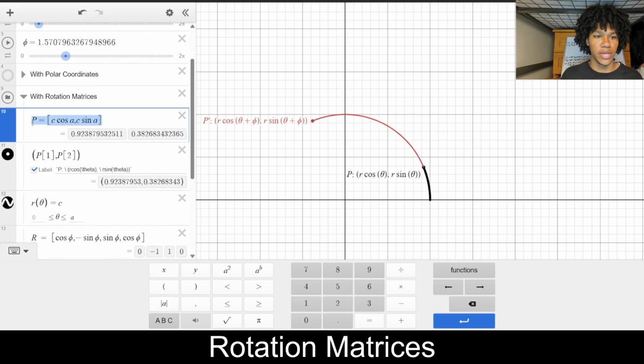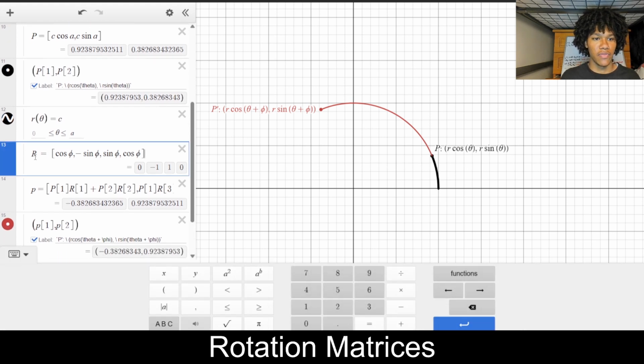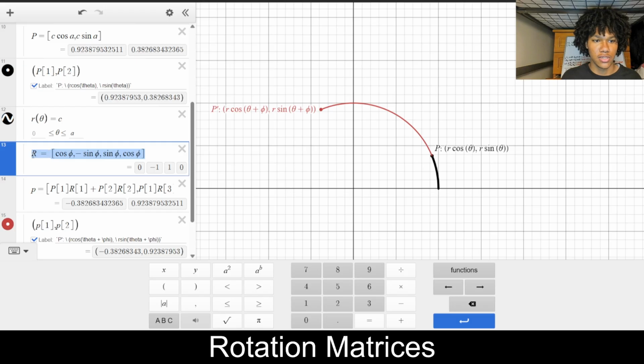So first we have our matrix representing our original point, point P, with xy coordinates. I have the point actually plotted on the plane. And then I have our rotation matrix, our supposed rotation matrix, with the four values that we just found.